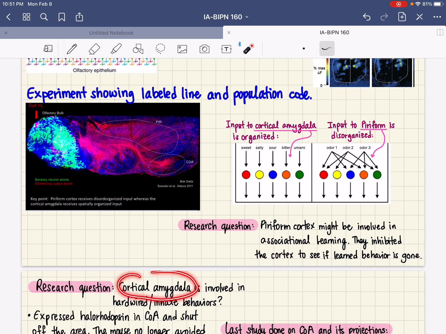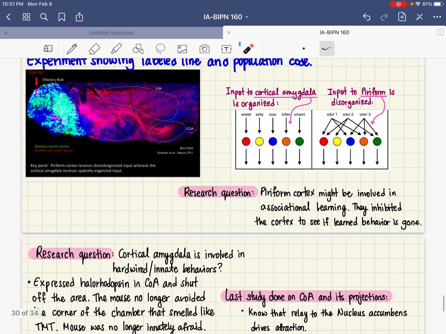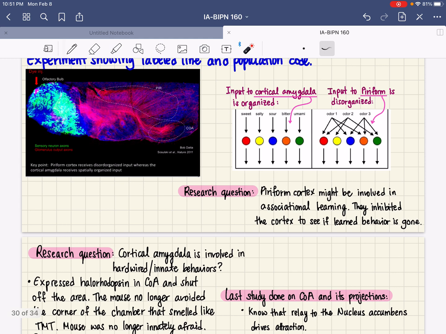On the cortical amygdala, they asked the question of maybe it is involved in hardwired or innate behaviors. And the word innate, for people who might not know, means something that is from our nature. So if I see a tiger, I'm innately going to be scared and I would want to run away. Okay, and same for the mouse.